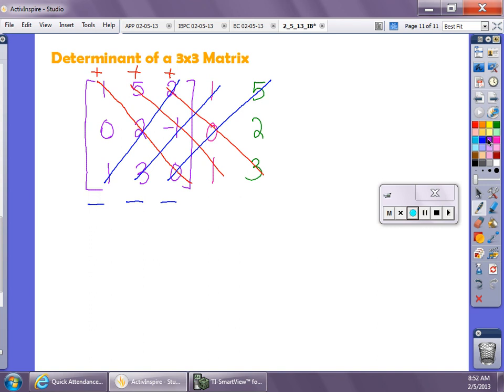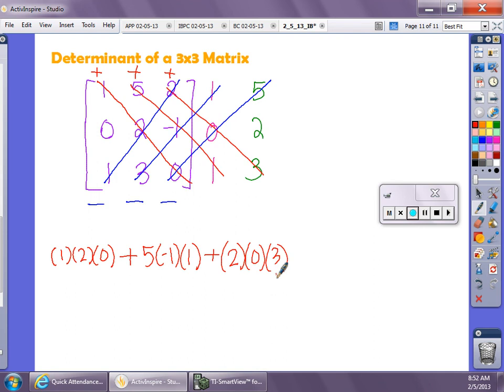So how do you find the physical determinant in red? I would do exactly what it says. I'm going to take the 1 multiplied by 2 multiplied by 0, and then you're going to physically add the next one. 5 times negative 1 times 1. Add the next one. 2 times 0 times 3. And then all the others in blue, you're going to subtract them. So subtracted by 5 times 0 times 0. Subtract 1 times negative 1 times 3, and then subtract 2 times 2 times 1.